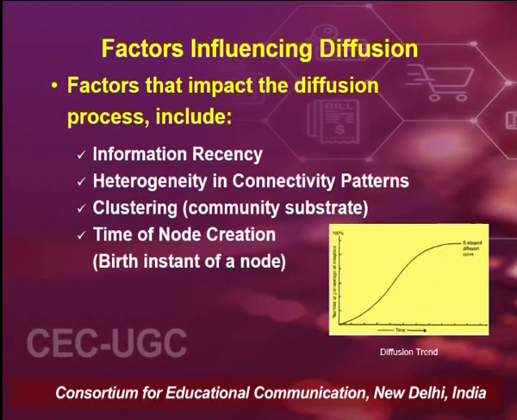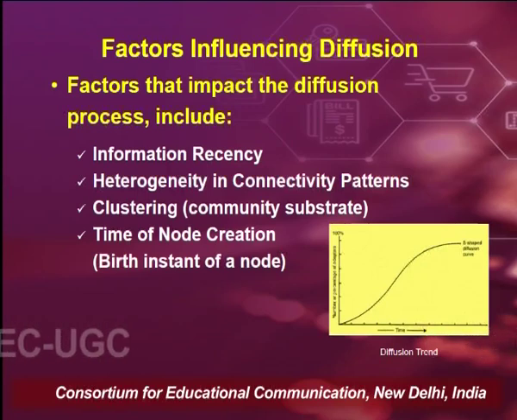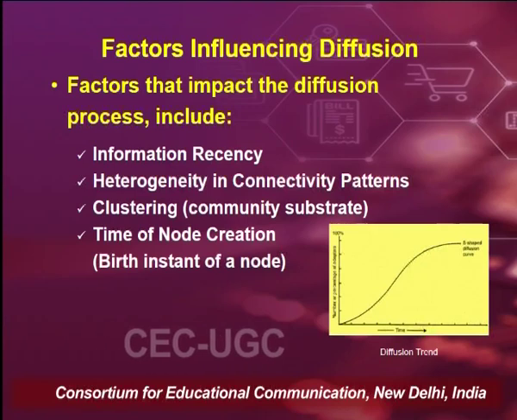The first thing that can be seen on the screen is the information recency. How fresh is the informative content? Is it the case that the information had relevance maybe 3-4 days back, and now the relevance is not there?